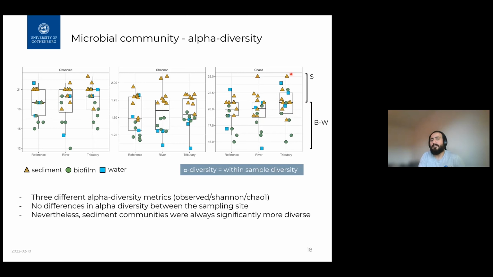between the different environmental compartments, where sediment, here represented by an S, was significantly more diverse than the other two environmental compartments, biofilm and water.